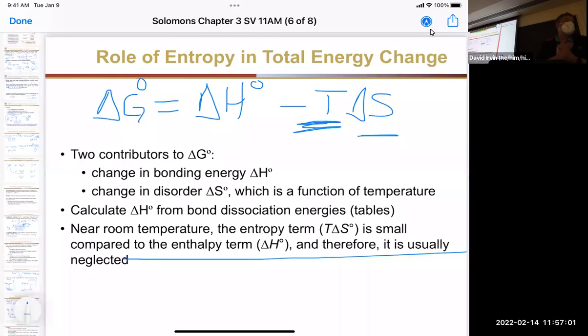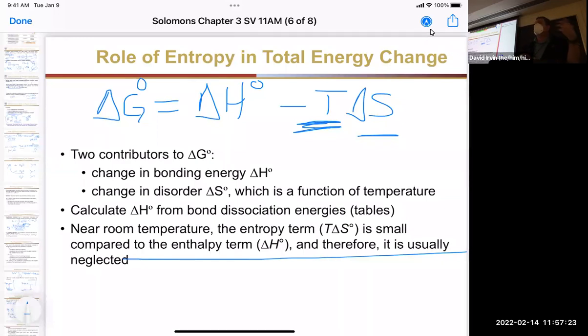Okay, so what does this say? It says that delta G is approximately delta H, and the total change in energy, in that free energy, can be measured by measuring the energy actually in the bonds and comparing the products to your starting materials.